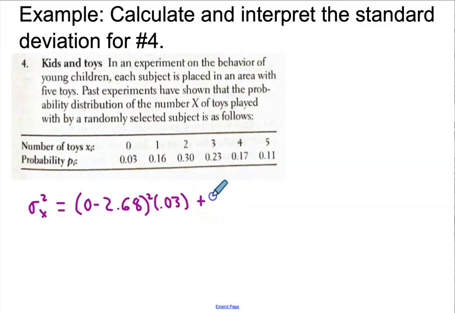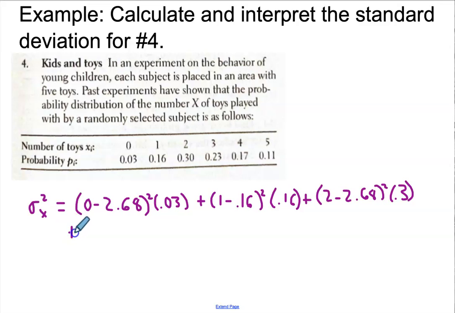Okay, we do it again. I take my observation minus the mean, square it, and multiply it by the probability associated with that observation. All right, keep going: my observation minus the mean, square it, and multiply by the probability.